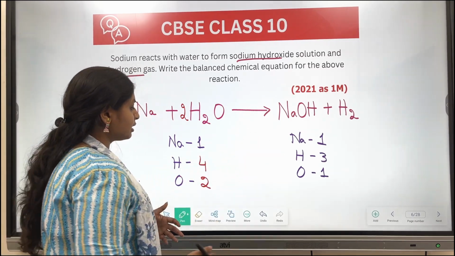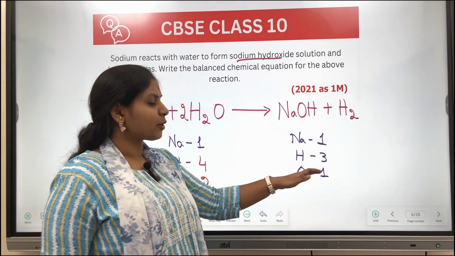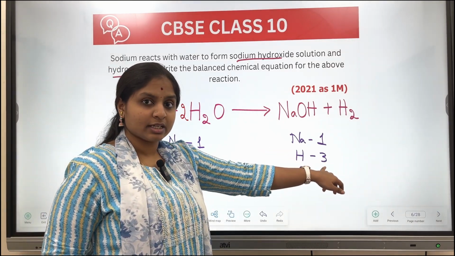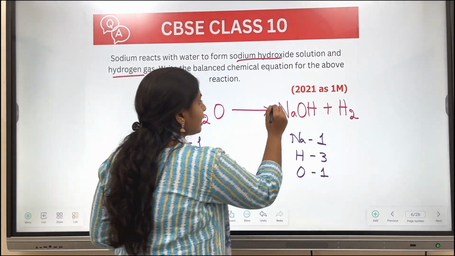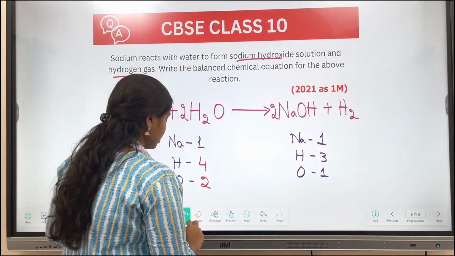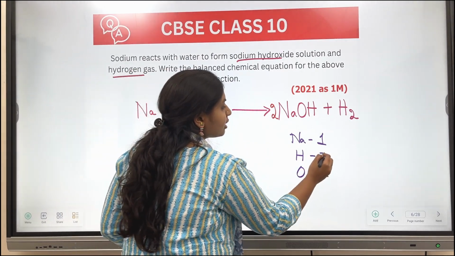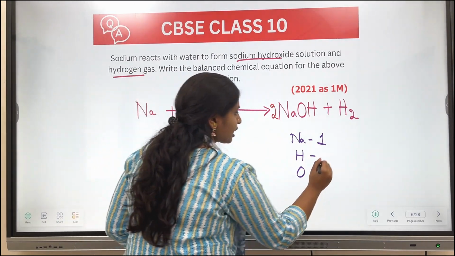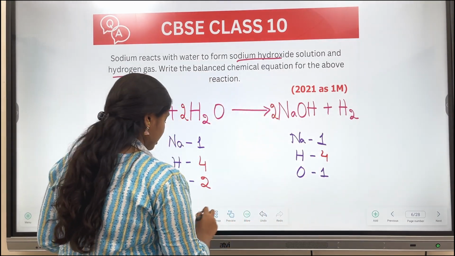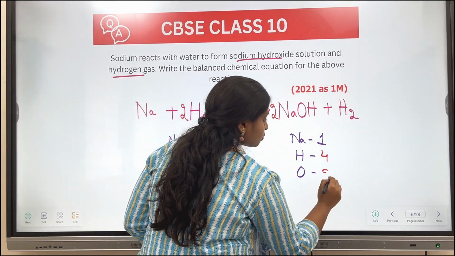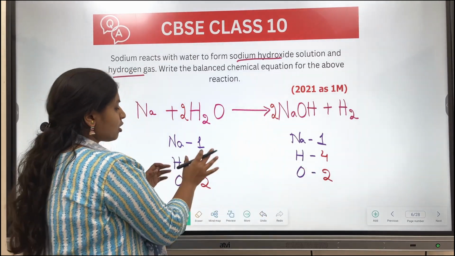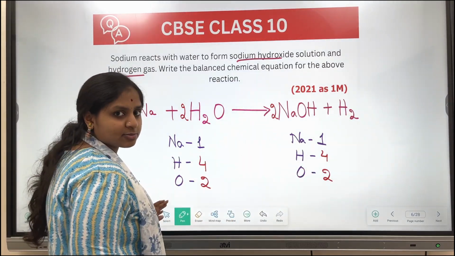So we'll go to the product side. Hydrogen is 3 here. It is not balanced. So to increase that, I will multiply 2 here. So when I multiply 2 there, the number of hydrogen atoms became 4 and oxygen atoms became 2. So oxygen and hydrogen, both the places it is balanced.